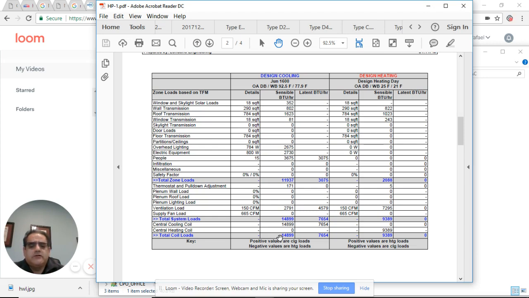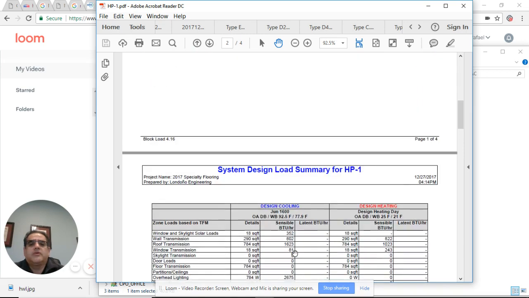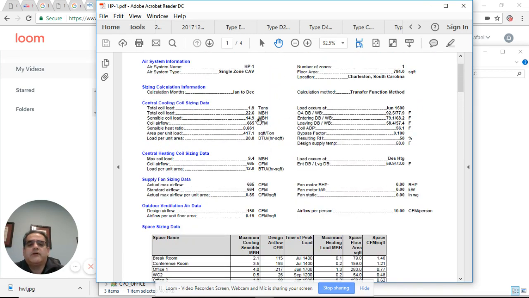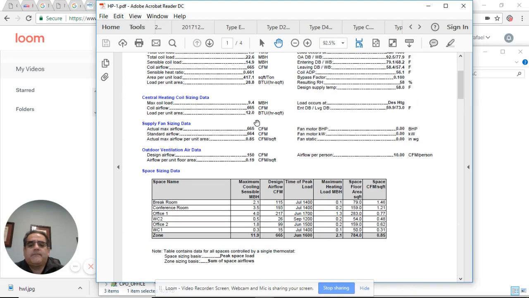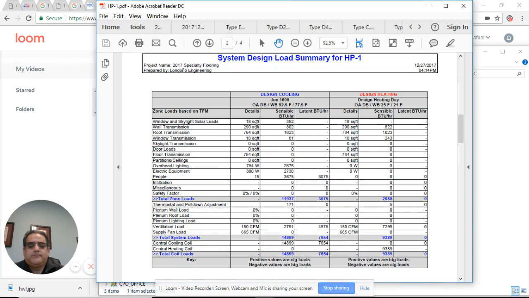Our total is 14,899 plus 7,654. That's about 22,500, if I'm doing my math right, yeah, 22.6 thousand BTUs. The total load for the walls is only 800 out of 22,000. We could fiddle with that wall all we want, and we're not going to make a big difference here.